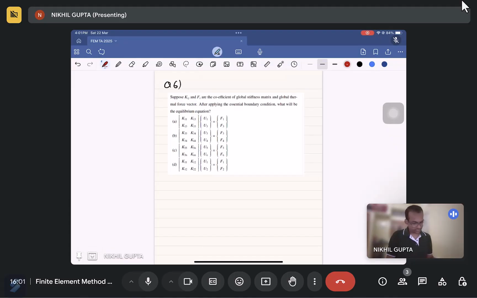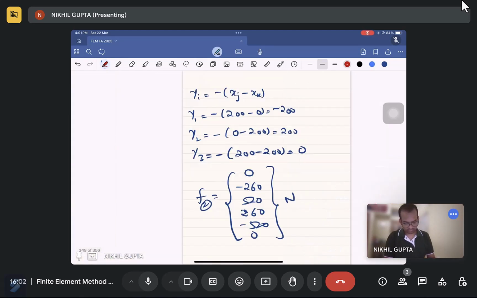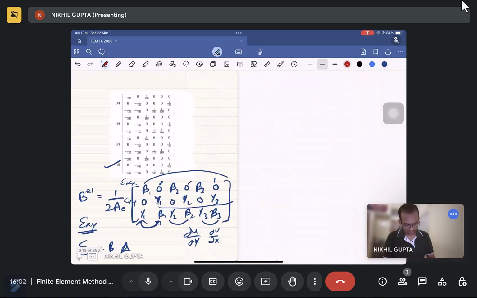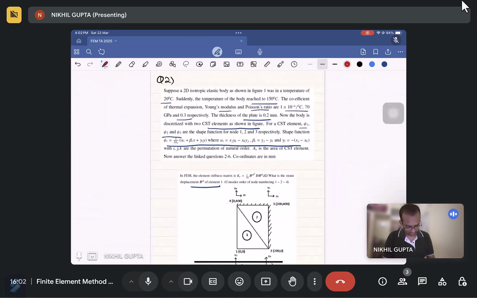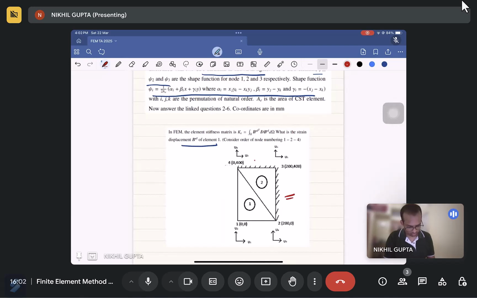Okay, question number 6. They are asking what the reduced matrix will be after putting the boundary conditions. Let's open the main question and see. These two are given. So u4 is known, u3 is known, u2 is known, only u1 is missing.